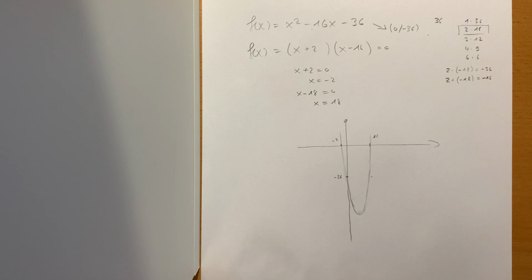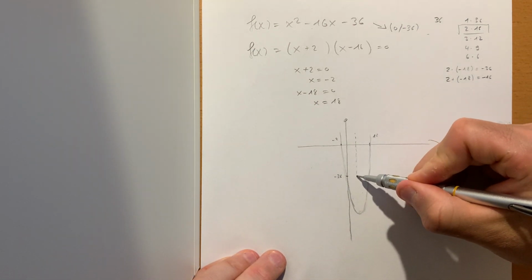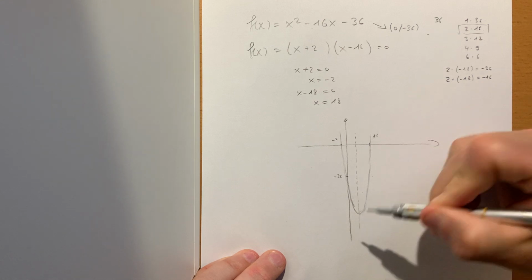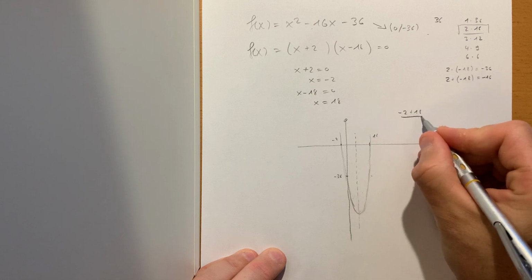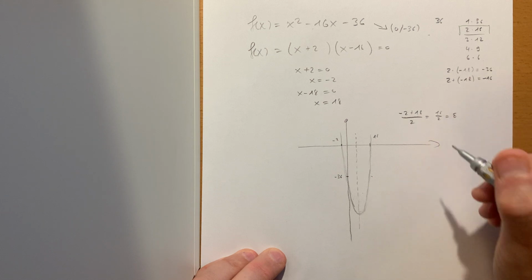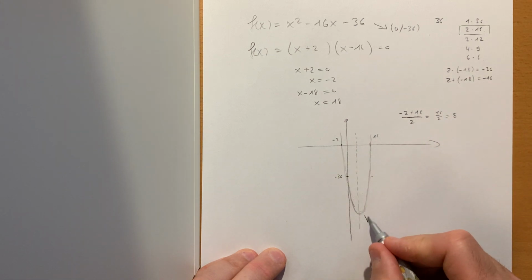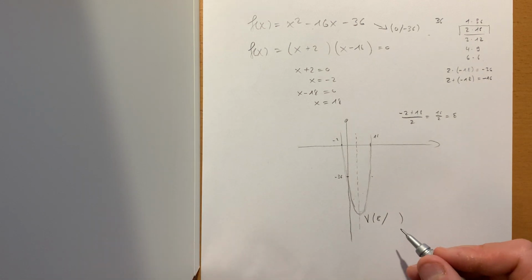Now we know that this function is symmetric with respect to the vertical line through the vertex. So minus 2 plus 18 divided by 2, that's 16 divided by 2, that's 8. So the vertex will be at x equals 8. Well, we need to work out the y-value.